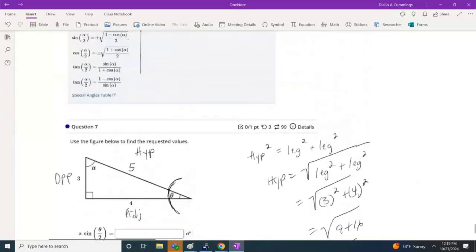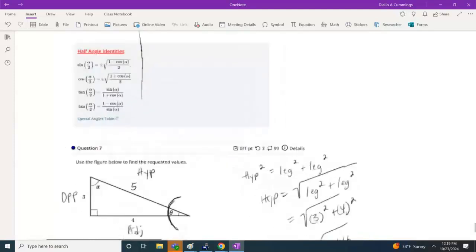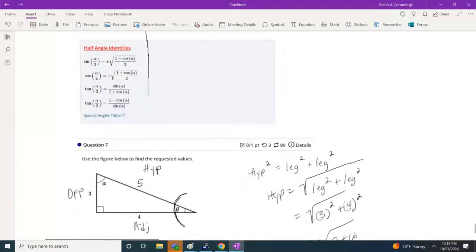Up here I just changed the alphas to thetas because theta is the variable in our problem.